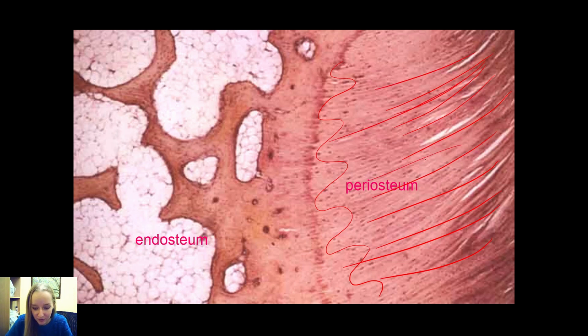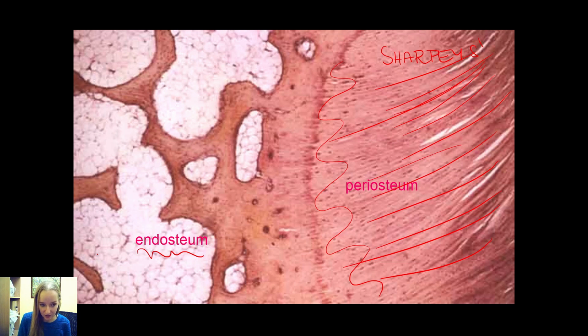It's really a tendon that is attached to the bone, and the fibers are arranged in parallel, and they are called Sharpey's fibers. So here we can see them. Periosteum is on the surface of the bone, and we also have endosteum right here that is made of loose connective tissue, and that is inside, covering the inside of the bone.